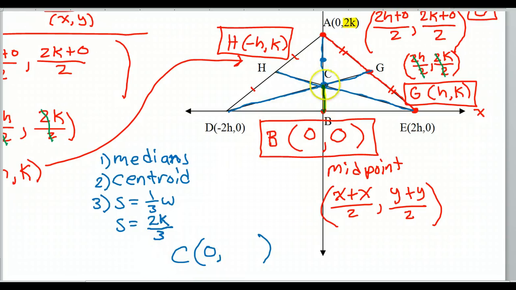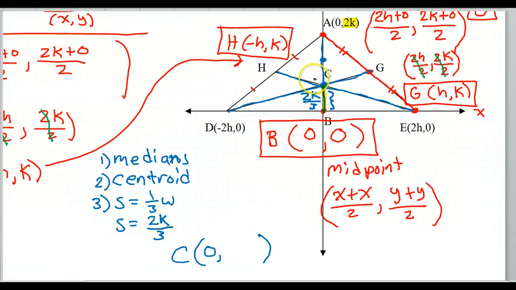So guess what? If this length right here is 2k over 3, that's how long this is, then that's the height. That's the height of this point.